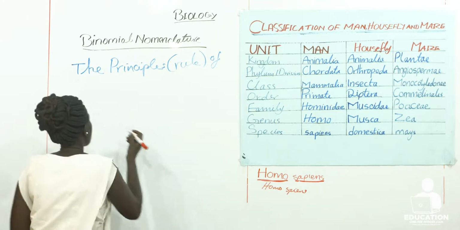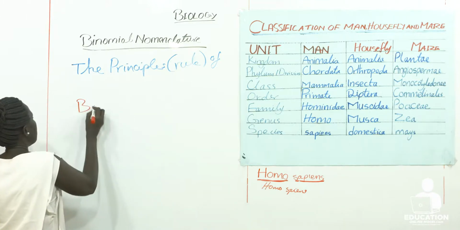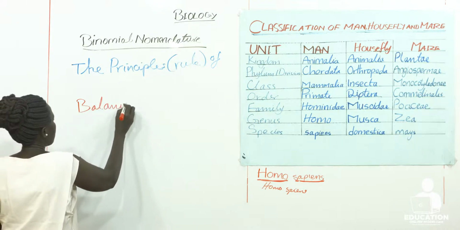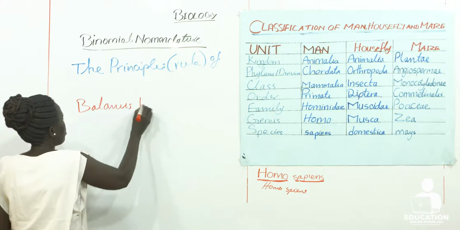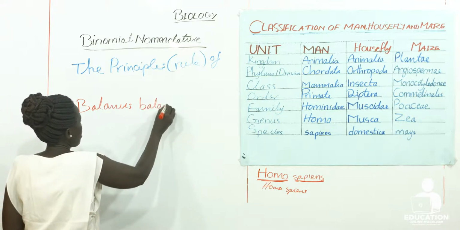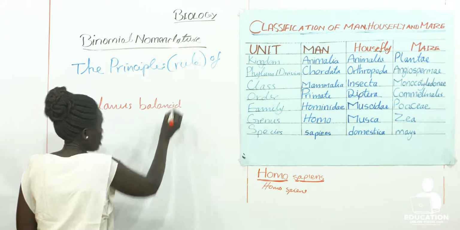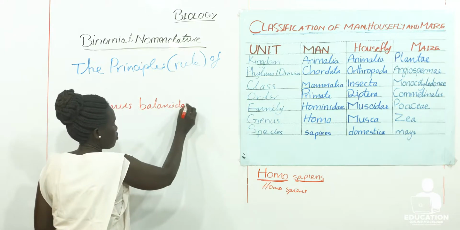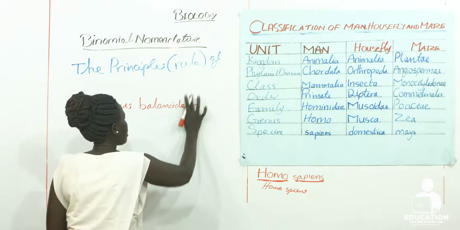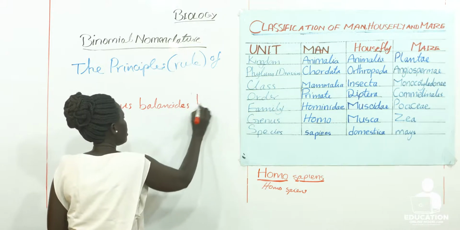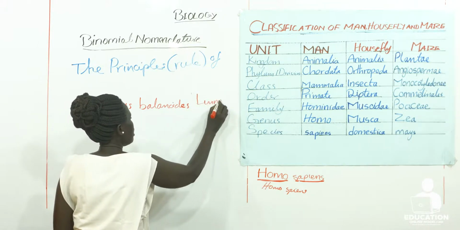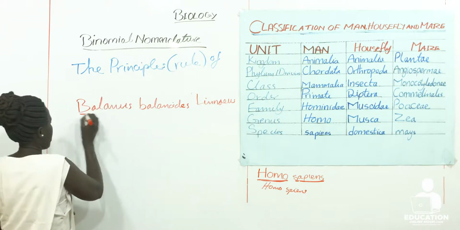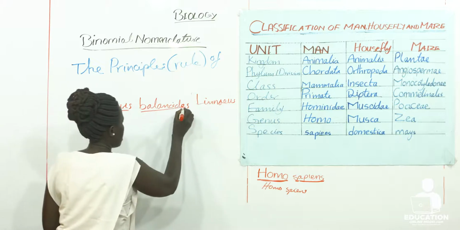Musa balbisiana Linnaeus. So you underline this if it is handwritten.